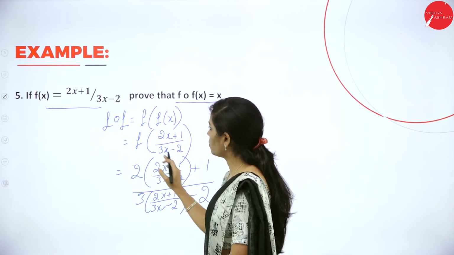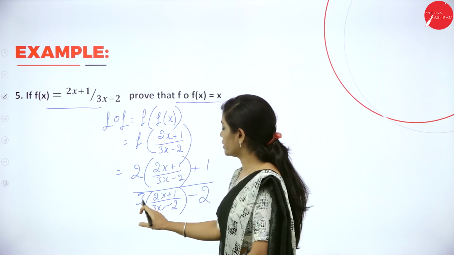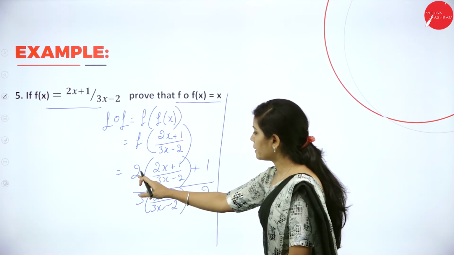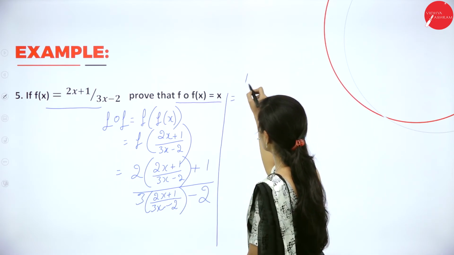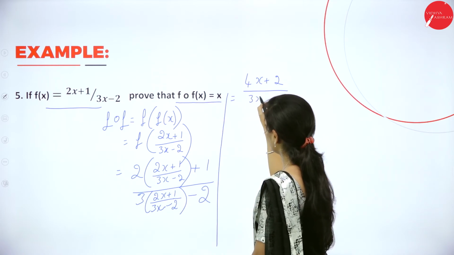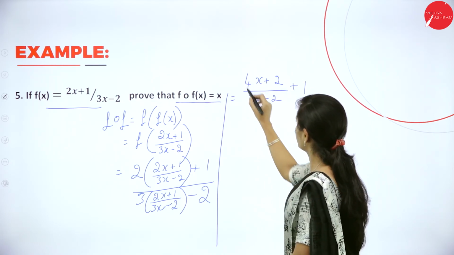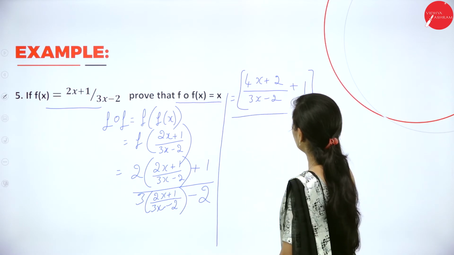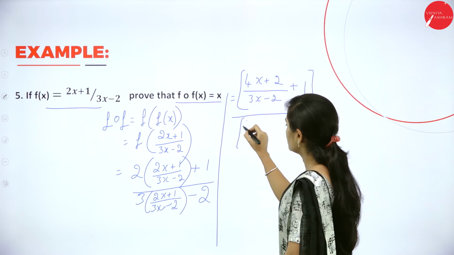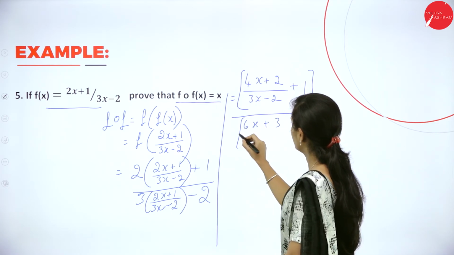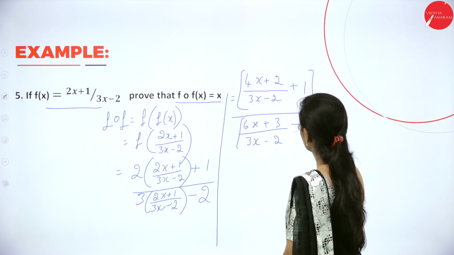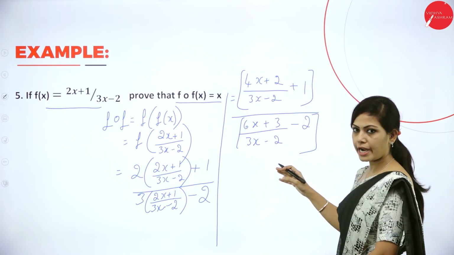So this is in the form of (2x + 1) divided by (3x − 2). Multiply the 2 into the numerator, that is (4x + 2) divided by (3x − 2) plus 1. In the denominator, multiply the 3 into 2x + 1, that is (6x + 3) by (3x − 2) minus 2. So this is your numerator and denominator.